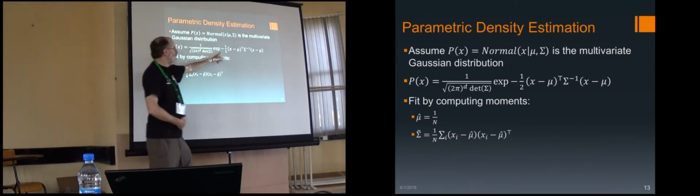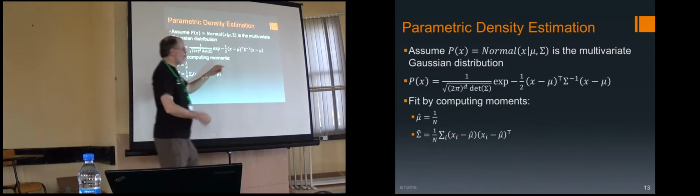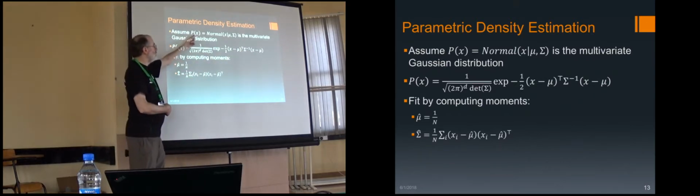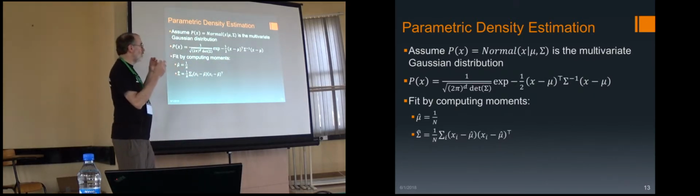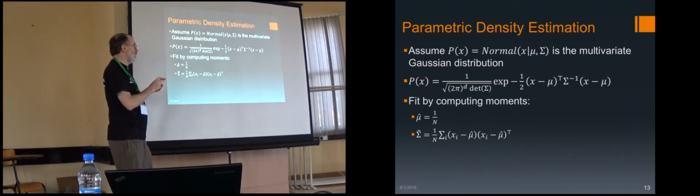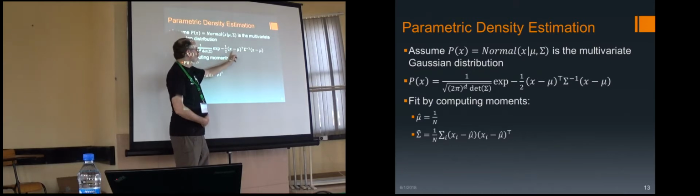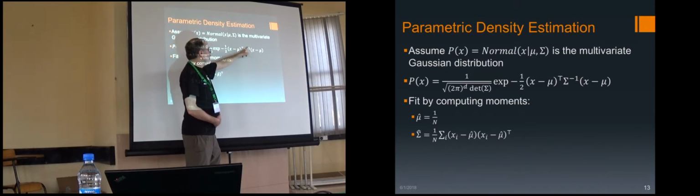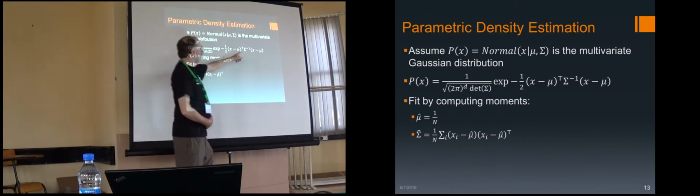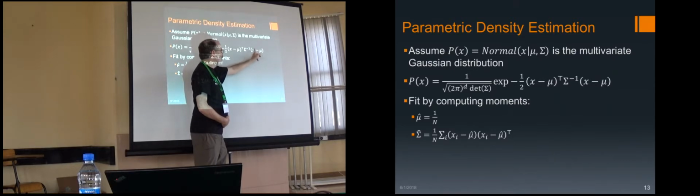The basic idea is that we're going to take, this is for the vector valued case, x is a vector valued random variable, or it could be an image valued random variable. And we ask how far is x away from its average or mean value, and that's a vector subtraction. We take its transpose and multiply it by the inverse covariance matrix, and then again multiply it by this.